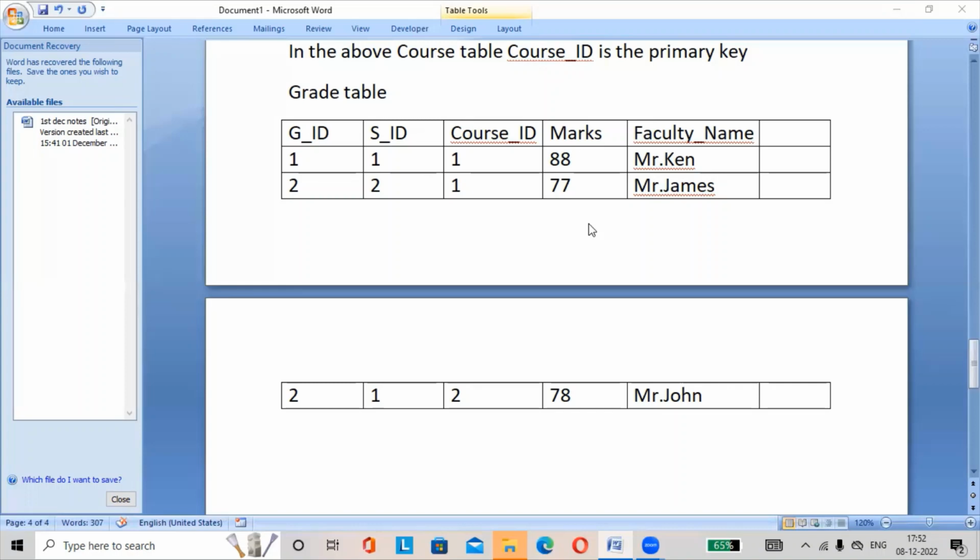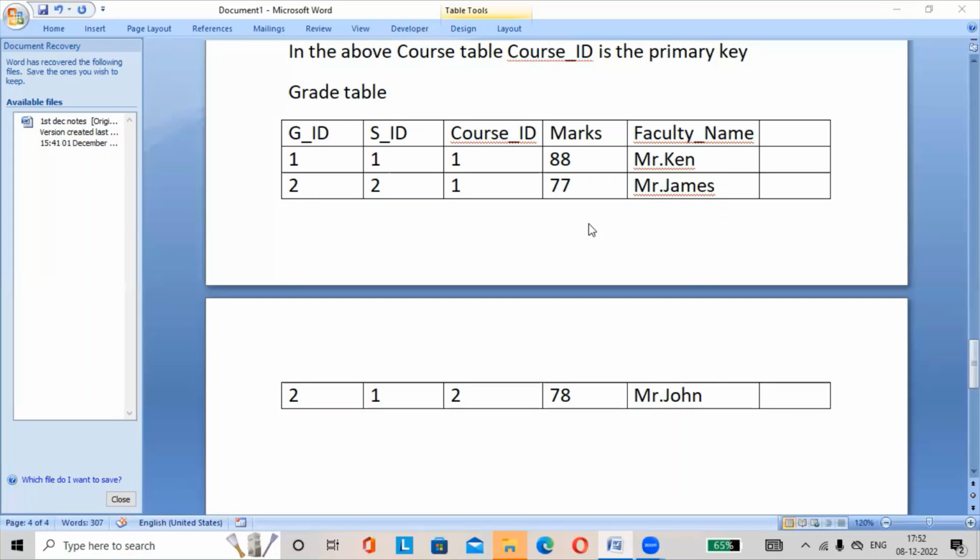What does many to many relationship state? One student can select more than one course. One student has the right to select one course or many courses. More than one course. Yes or no?